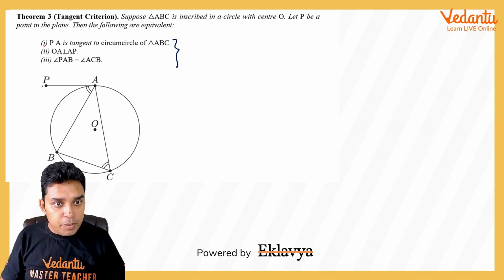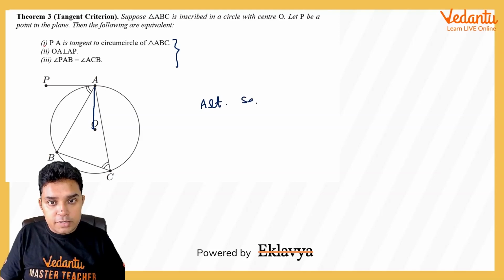That if PA is tangent to the circumcircle of triangle ABC, then if you join O with A, this OA will be perpendicular to AP. So that is something we have already talked about in our last slide. Then the third thing is this angle PAB, this angle here, will be equal to angle ACB. This is also known as the alternate segment theorem.